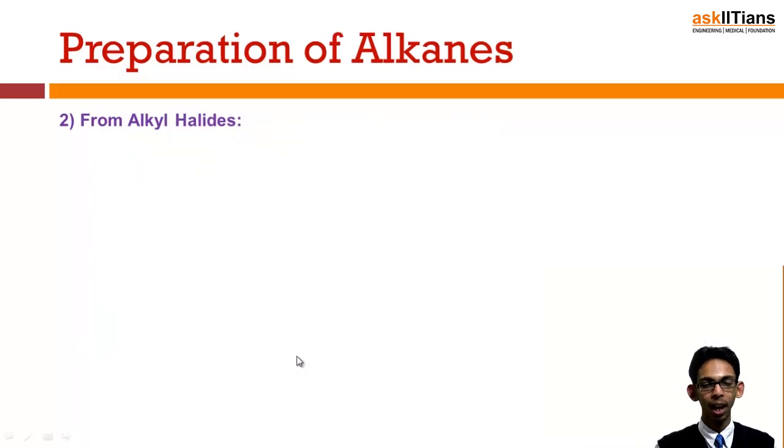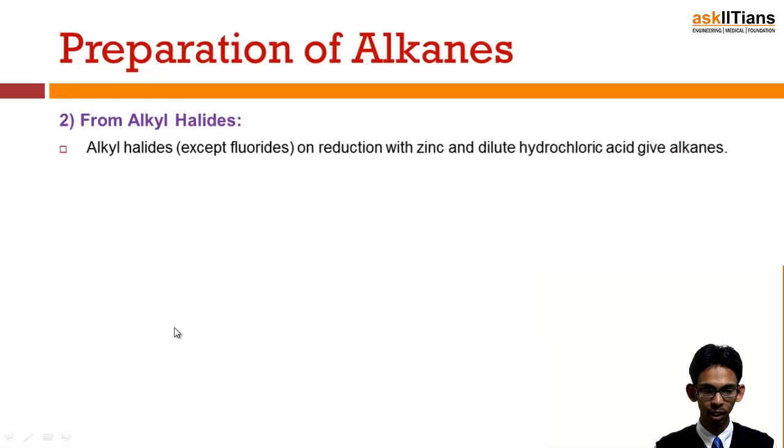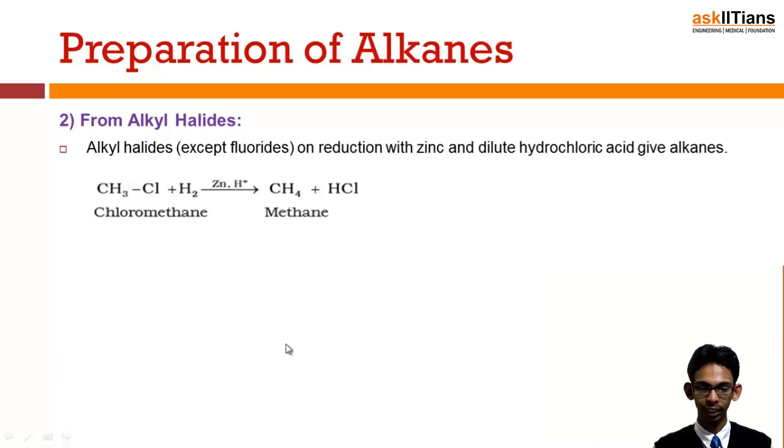Now secondly, alkanes can also be prepared from alkyl halides. Alkyl halides, except fluorides, on reduction with zinc and dilute hydrochloric acid give alkanes, just like this. This is chloromethane reacting with hydrogen in the presence of zinc to produce methane.